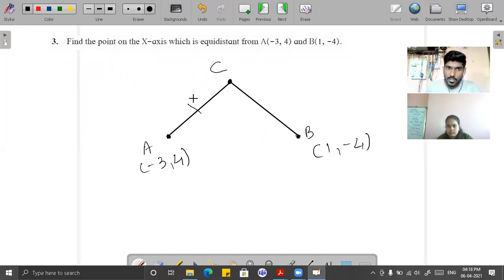That means distance AC is the same as distance CB. If these distances are the same, they are asking you to find the coordinates of point C. Is the question clear? What has to be done? Yes. Equidistant means equal distance.